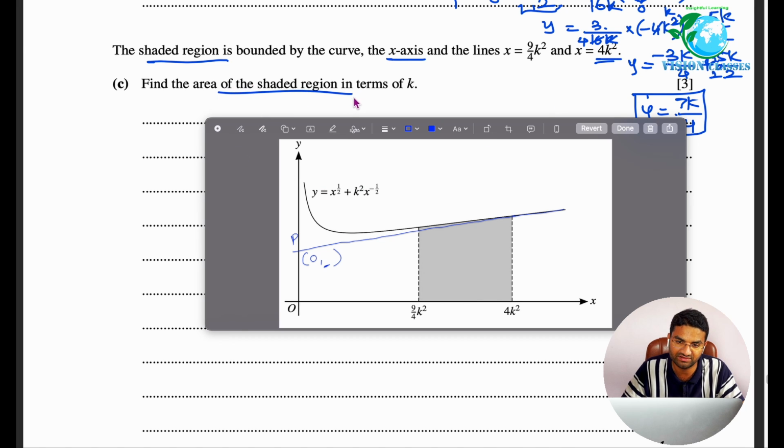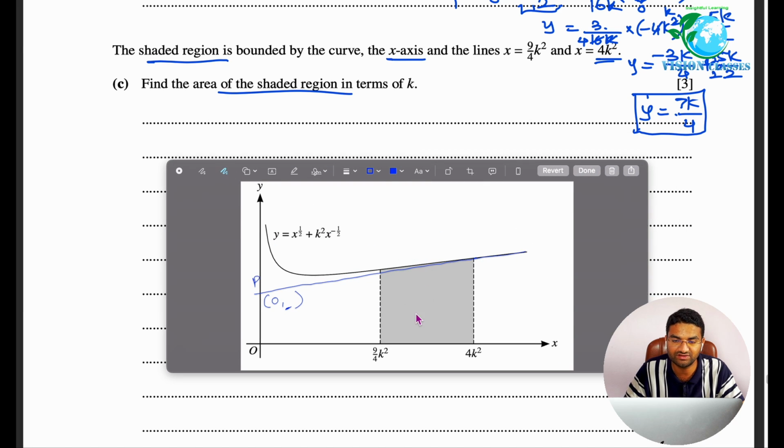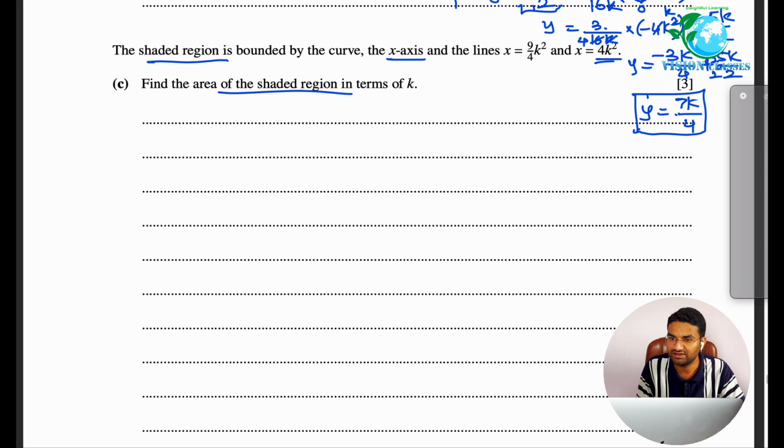Find the area of the shaded region. So simply we have to find this shaded region, right? To find it, we take this given equation and integrate it so that you will get the shaded region, right?